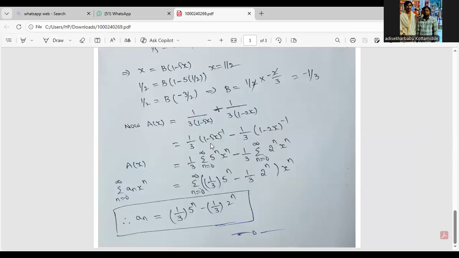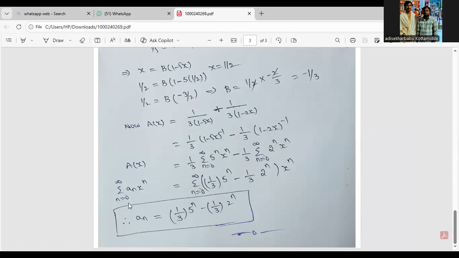A(x) = 1/3 × (1 - 5x)^(-1) - 1/3 × (1 - 2x)^(-1). By the formula, this is the summation from n = 0 to infinity of 5^n x^n, minus 1/3 times the summation from n = 0 to infinity of 2^n x^n.